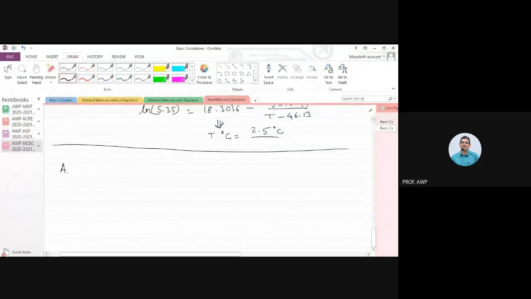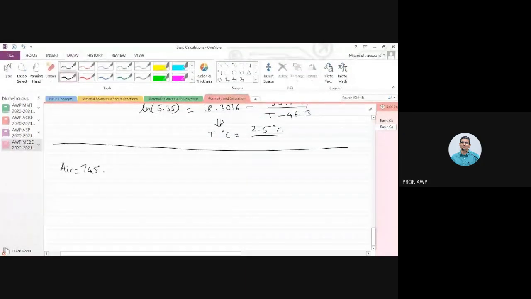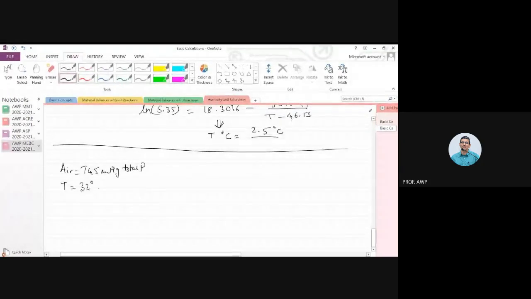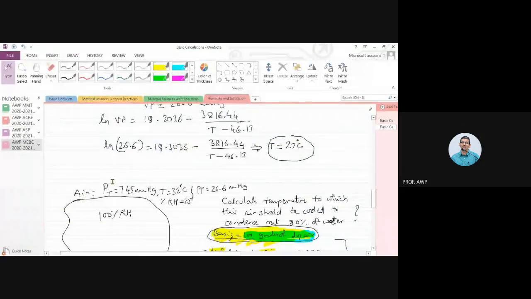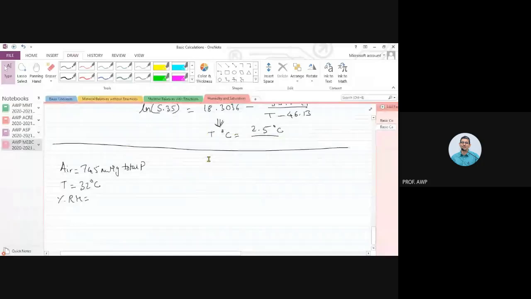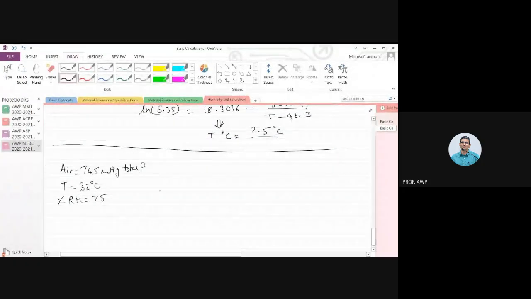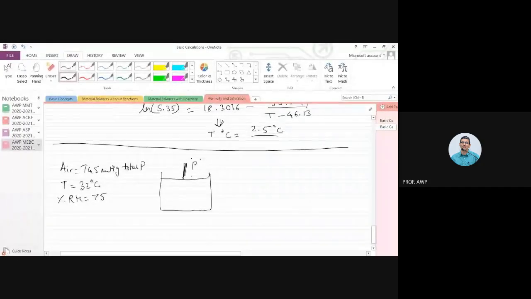Air, 745 mm Hg total pressure, temperature 32 degrees centigrade, 75 percent RH. Now, what I will do is I will take this air and put extra pressure on this piston.